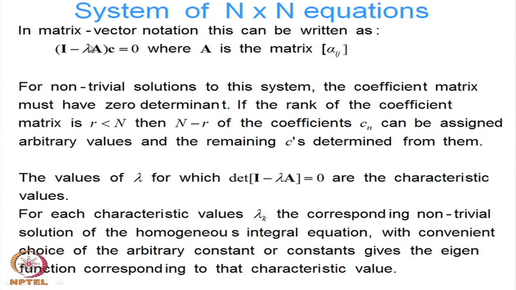The order of that equation depends on the size of my matrix A. Here A was 2 by 2, so we had a quadratic, but if A is large, then that characteristic equation is going to have higher powers of lambda.